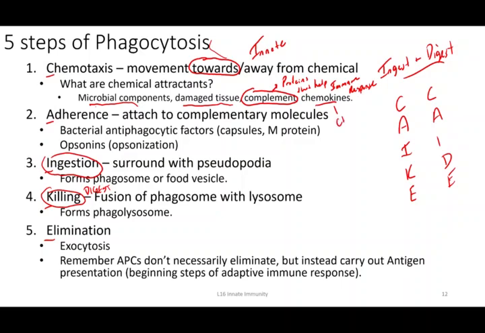Those are chemicals that trigger inflammatory responses. Those are chemicals that our immune system uses to help lead an inflammatory response, and part of that involves chemotaxis as well. So that's the first step.